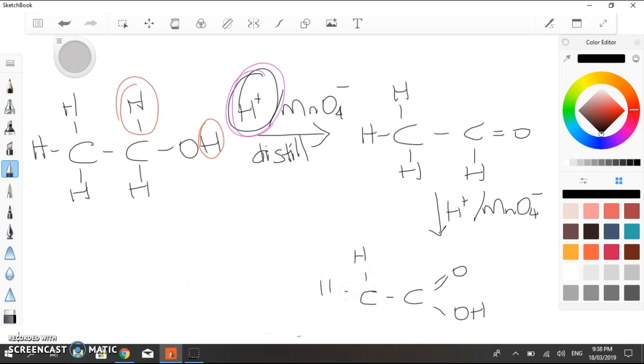So that is the process at level 3, to follow that all the way around. At level 2, you can just jump from A to B. Same reagent.